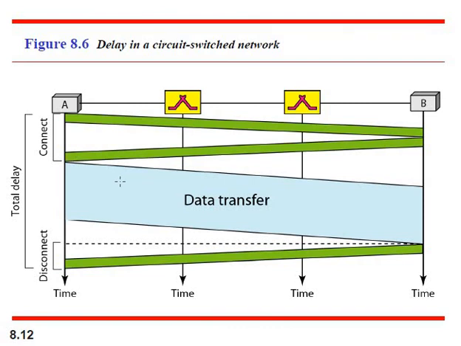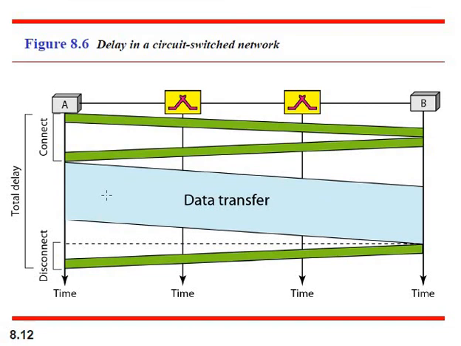The next phase, phase number 2, is called the data transfer phase. In this phase the actual data from A to B is transmitted using the links and the switches reserved in the setup phase.